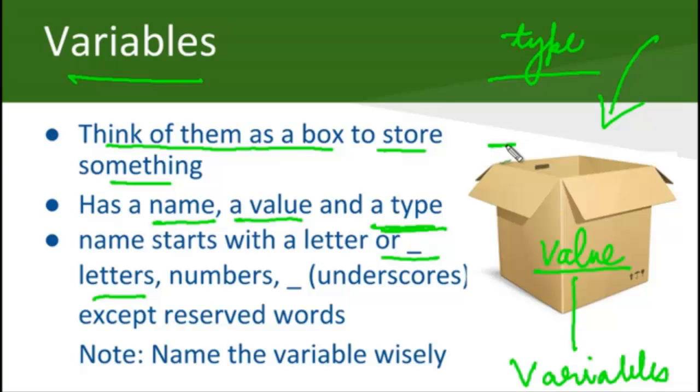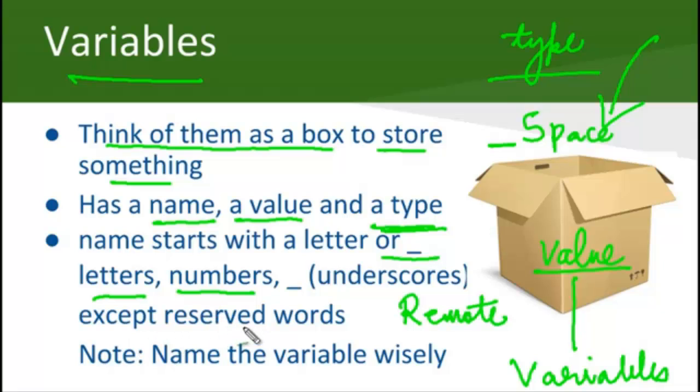So you can start your name with an underscore or anything from A to Z. Say you can have underscore S, or you can start with R, but you cannot start with a number. Then once your name starts with an underscore or a letter, you can have any number of letters, numbers or underscores.